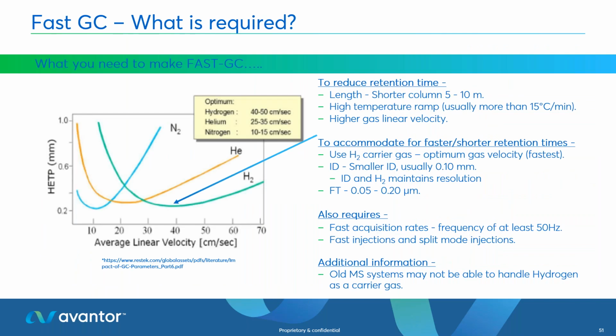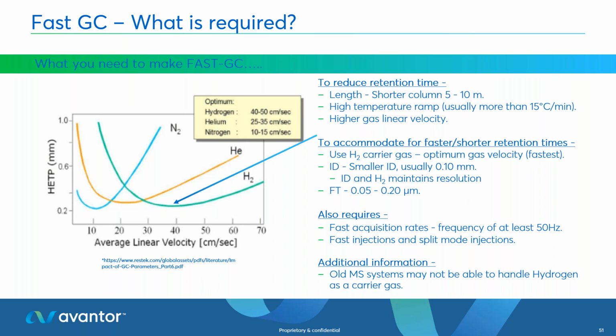So just a reminder of what we need for FastGC. We need to reduce the retention time. So we have shorter length columns, higher temperature ramps, usually more than 15 degrees per minute, and higher gas linear velocity. We've mentioned that a lot today, it just makes the column more efficient and able to accommodate the shorter and smaller dimensions. Then for these retention times, we need the configuration of the GC to keep up.